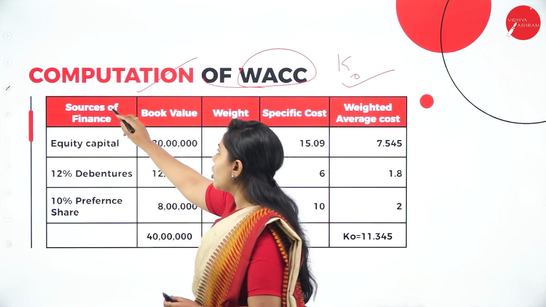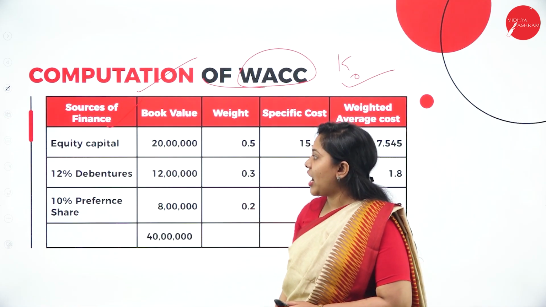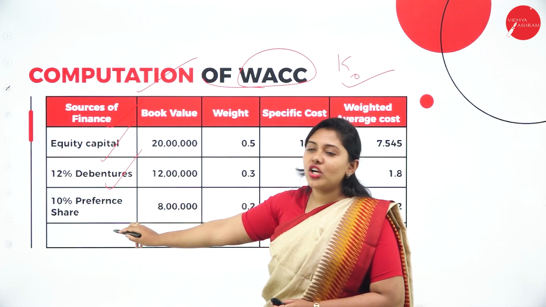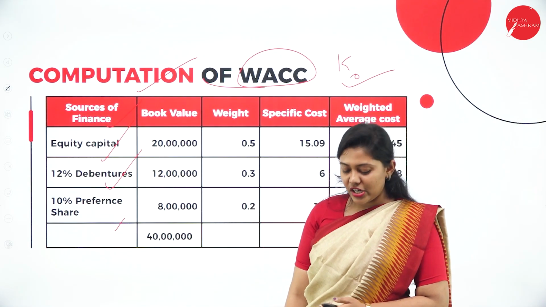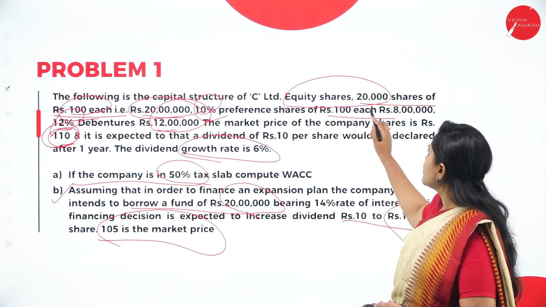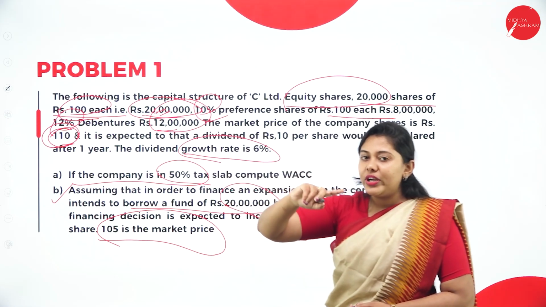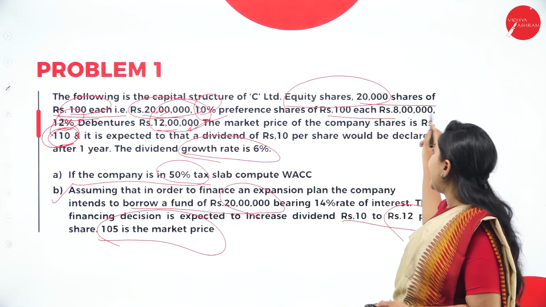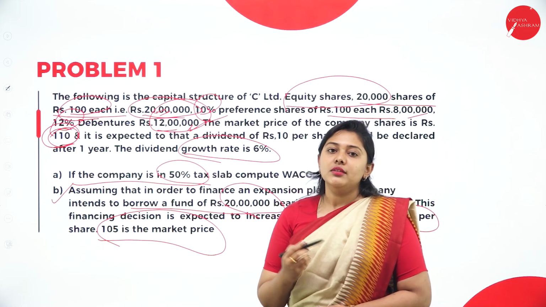What is the first column? Sources of finance. Equity share, 12% debenture, and 10% preference share. The book value is given in the question: 20 lakh of equity shares, 12 lakh of debenture and 8 lakh of preference shares.